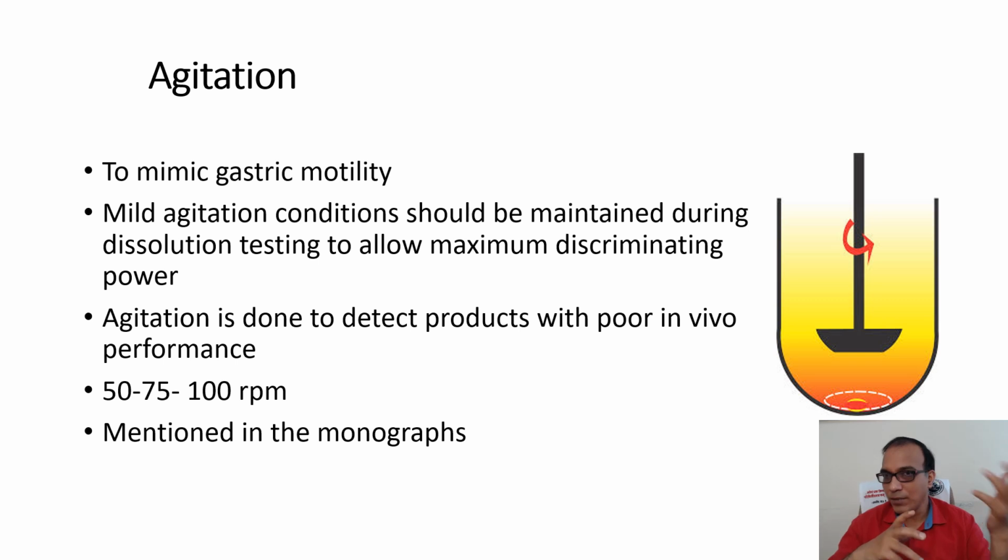In the gastric region it may be 100 rpm, but we will take 50 rpm as an average agitation speed for studying the dissolution profile of an oral controlled drug delivery system. Generally we go for the RPM speed mentioned in the monograph, until we are developing a completely new NDDS or completely new dosage form.